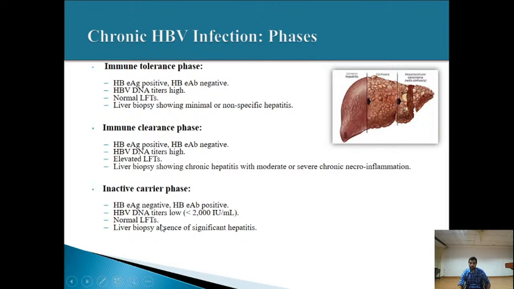Because the virus is no longer replicating, it has been maximally suppressed. You will not have any inflammation anymore; the inflammation comes down at this point. Normal LFTs. If you do a liver biopsy, there will be no hepatitis. But remember this: whenever there is hepatitis, there will be elevated LFTs. When the hepatitis comes down, the liver function tests also become normal.